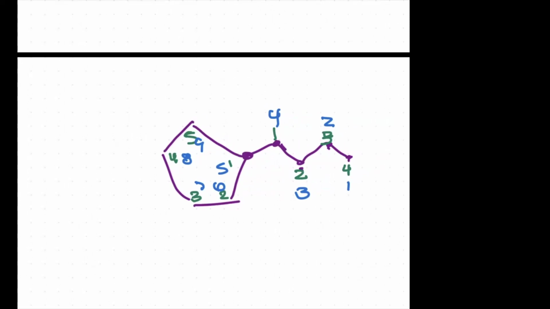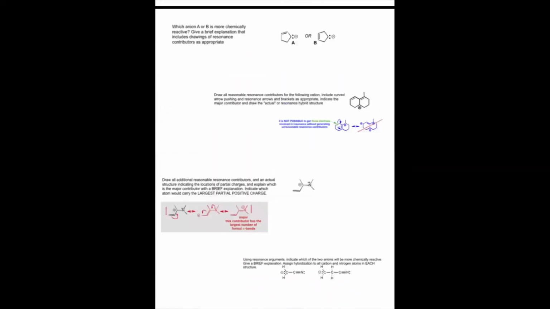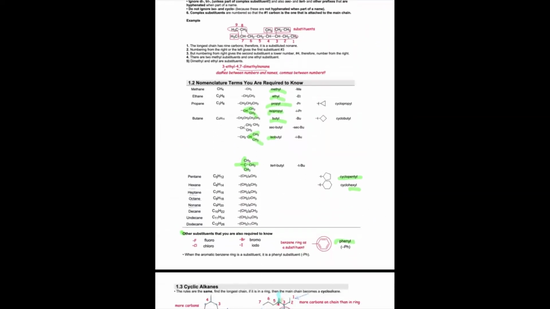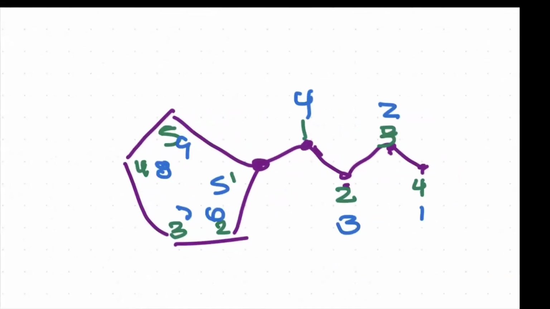No, you can't. So it's either the ring or it's the chain. It's not both. So the carbon here that's attached to the ring and the linear structure, is it one or the other?